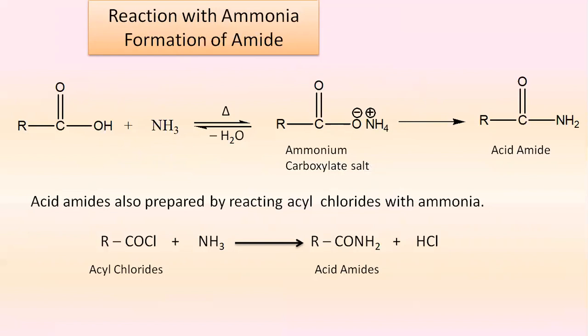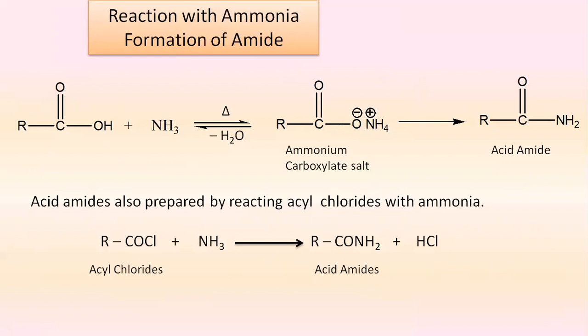In the second step, RC double bond ONH2 forms by the removal of H2O. The ammonium carboxylate salt, by the removal of H2O, is converted into the amide. So the last product is amides, which contain the functional group C double bond ONH2. This is the reaction in which the RC double bond OH group reacts with NH3.